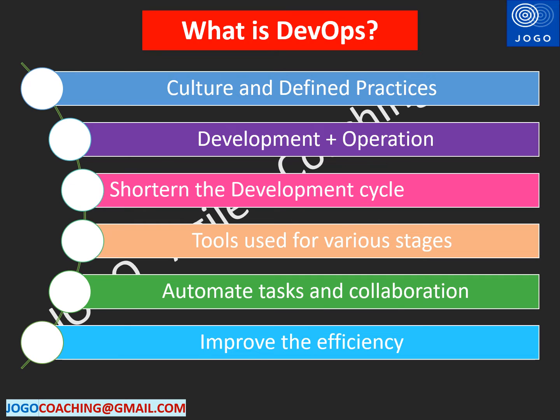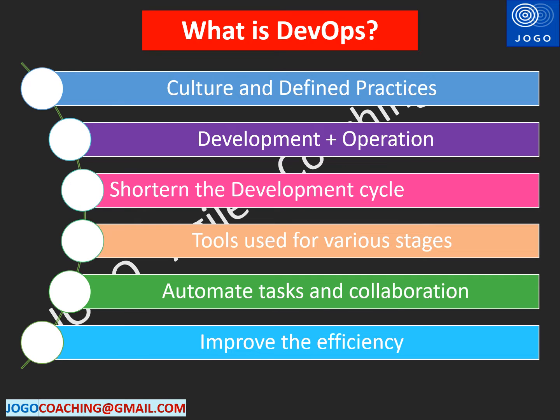What is DevOps? Before we jump into the DevOps tools, let's quickly talk about DevOps itself. DevOps is a culture and set of practices defined to integrate the software development, that is called Dev, with the operation, that is called Ops.